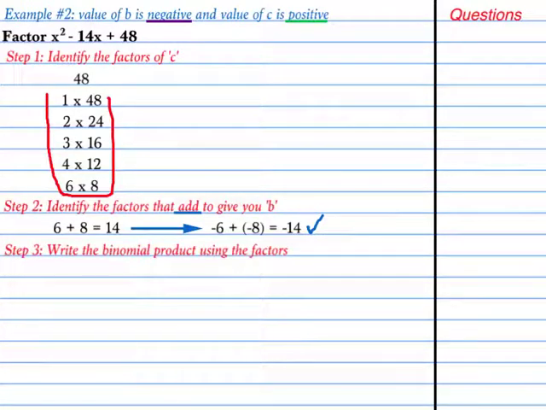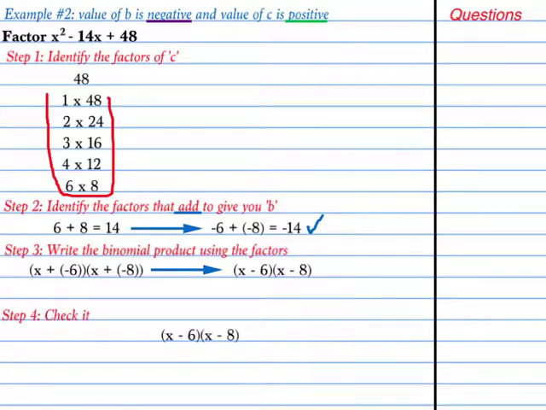So I want to take those two factors and I want to write my binomial product. I'll start with x plus negative 6 times x plus negative 8. And then I want to go ahead and simplify the plus negative, and it would be x minus 6 times x minus 8. Now we definitely need to check this. So x times x gives me x squared.